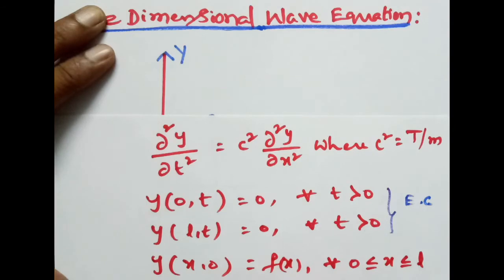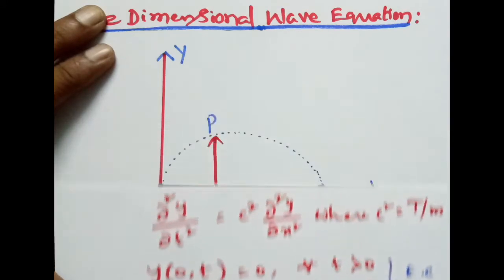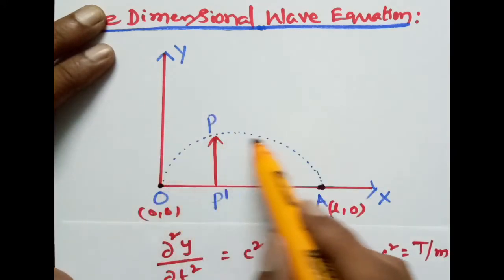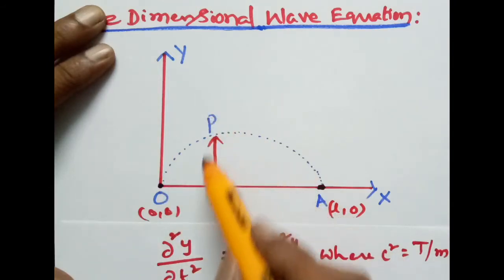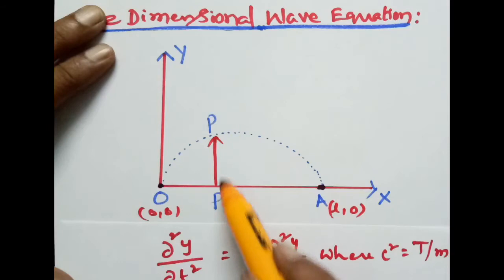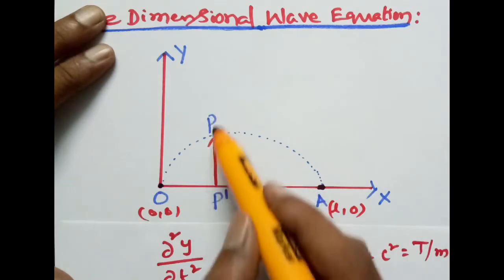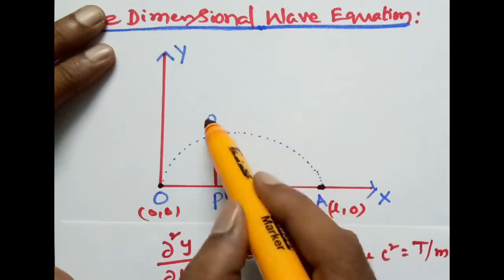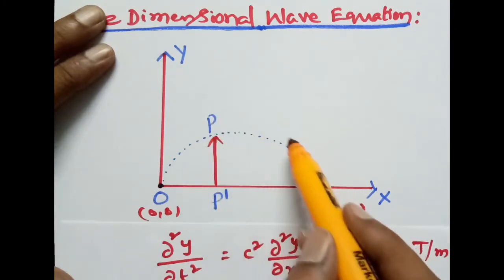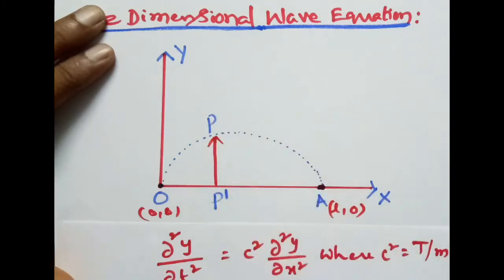From the equilibrium position of the string, we slightly displaced the string through a distance p dash. This curve is y of x comma 0 is equal to f of x. That is called an initial condition.